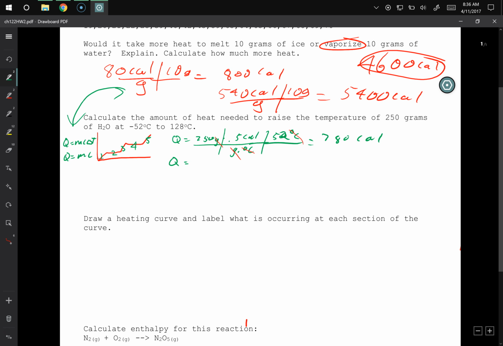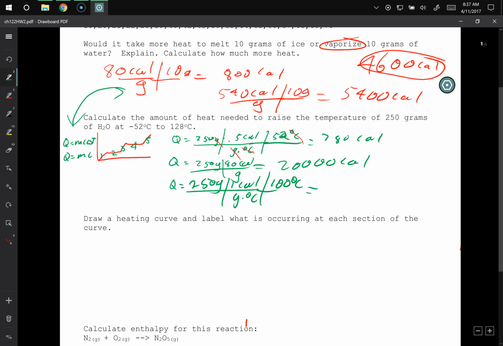That's fine. 250 again, and then it's 80 calories per gram, to melt, and then 250 grams, 1 calorie per gram degree C, and then 100 degrees C. So 25,000 calories.